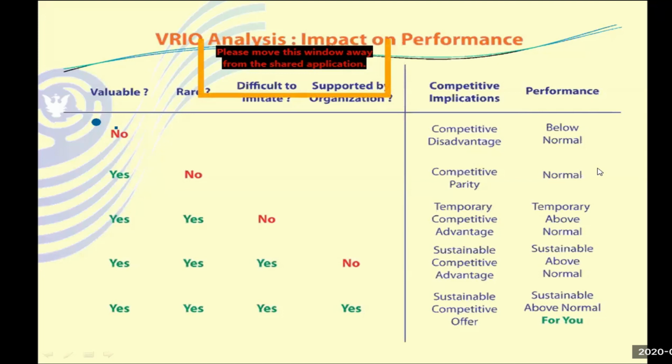They are watching. If they find that you have a sustainable competitive advantage and sustainable super profits, they'll try to come in.